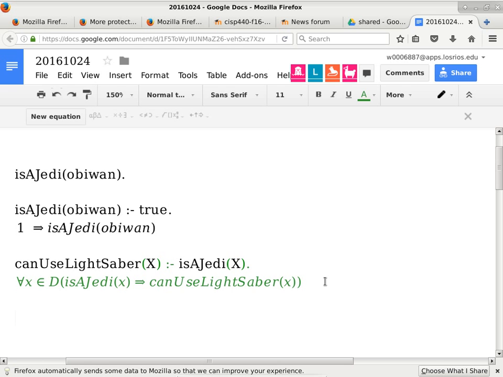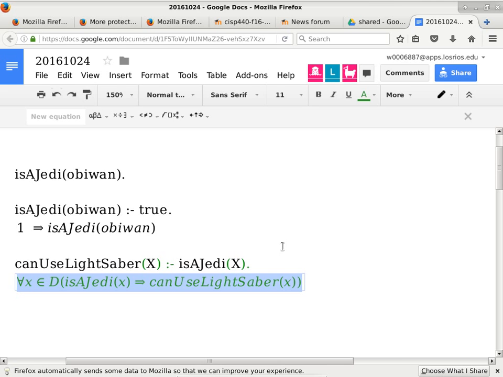So later on, we'll find out. Okay, so given these two sentences, given this part here, which is an assertion that Obi-Wan is a Jedi, and given this particular statement here, which is true to begin with, the question is, how do I know that Obi-Wan can use a lightsaber? How do we hook up these two? Now, in your mind, I'm pretty sure it makes sense already.